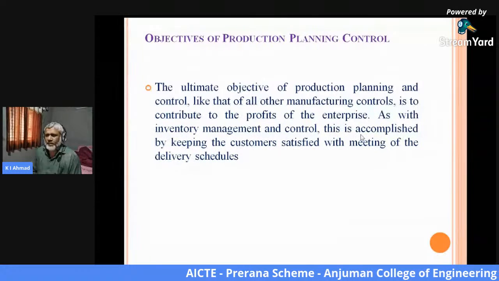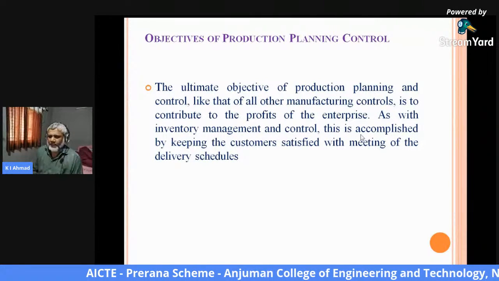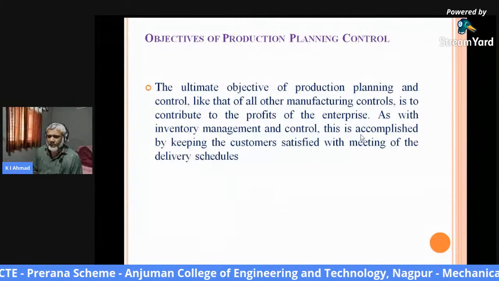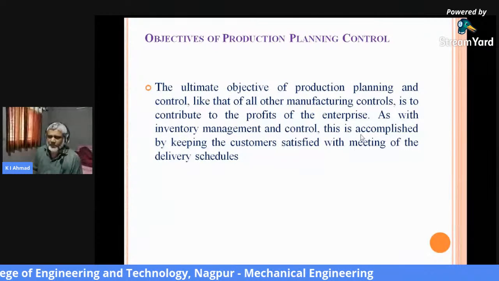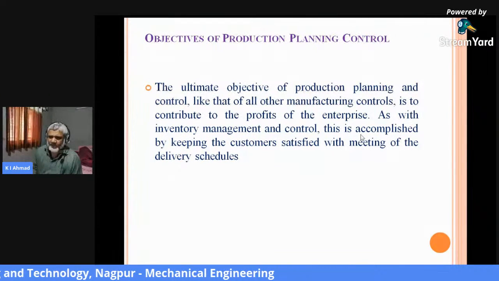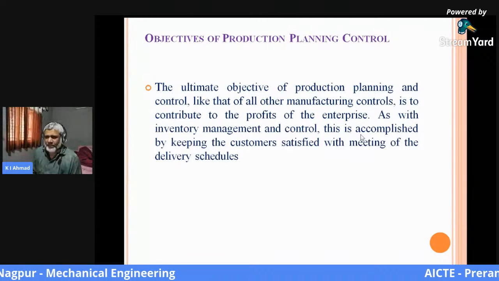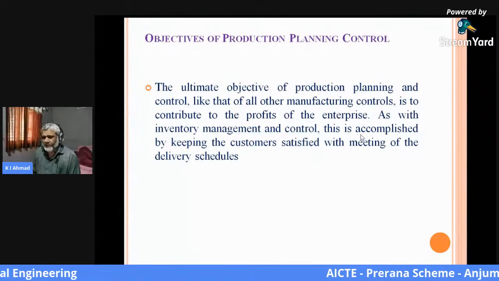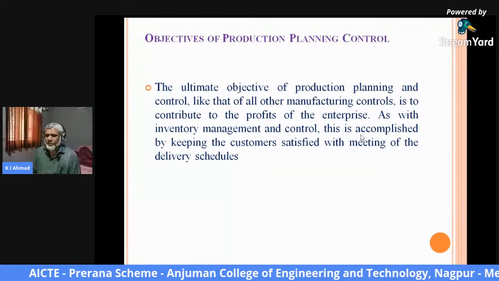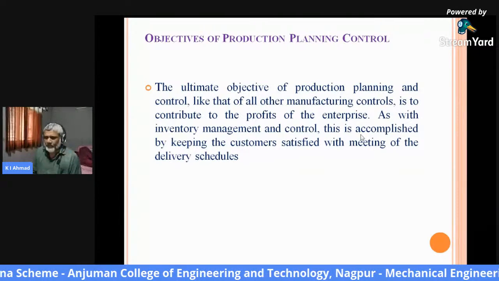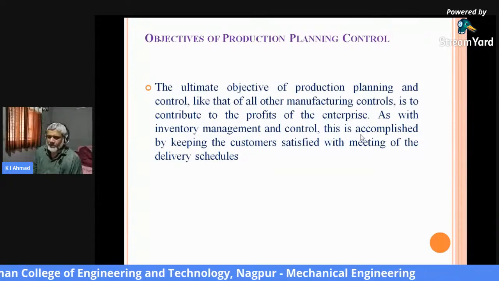So if you can control the inventory management and the delivery to the customer, so that the customer remains satisfied, and you can have a tight leash over inventory control, then ultimately you will be able to get more benefits from the inputs, and you will be able to increase the profit margin.